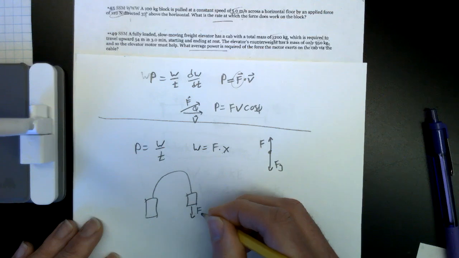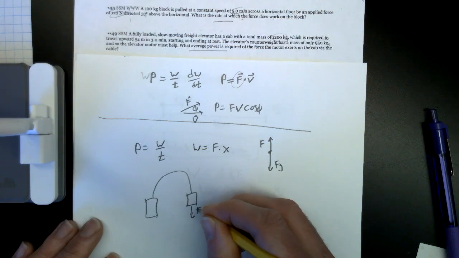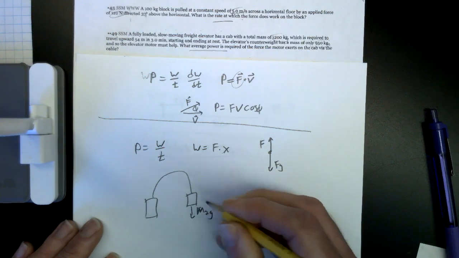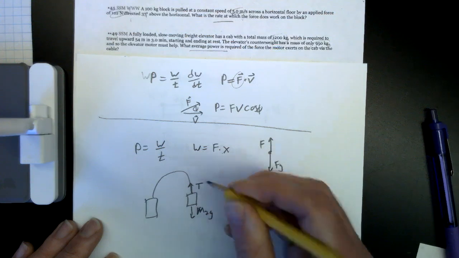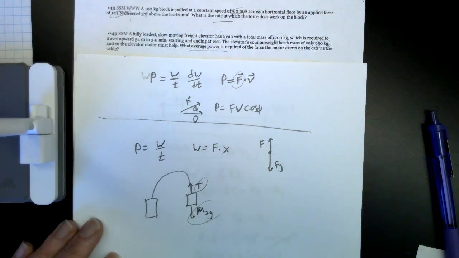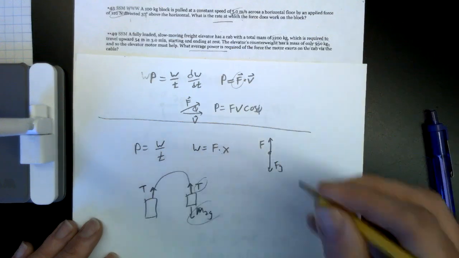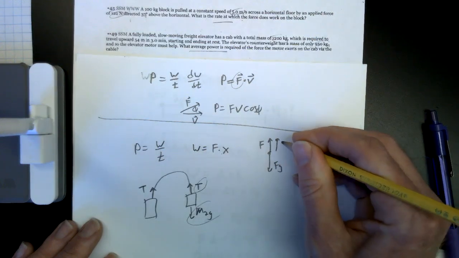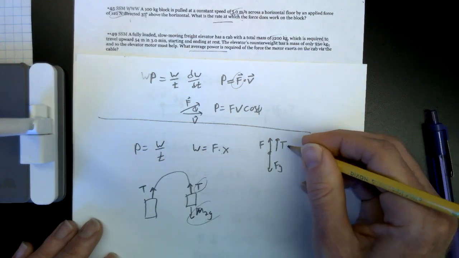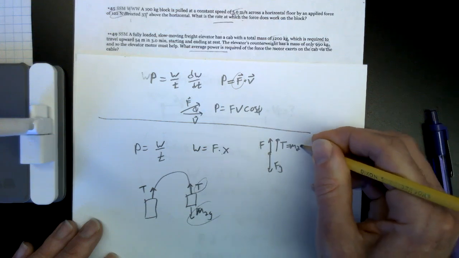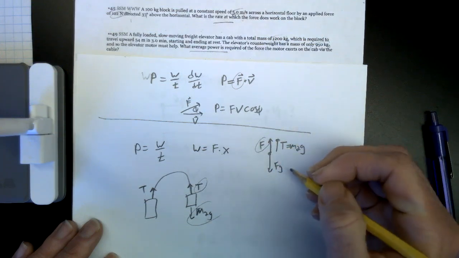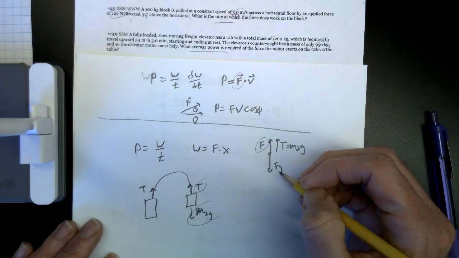The force of the counterweight, which I'll write as M2 G, is going to be the same as the tension in this cable since everything's moving at a constant speed. So that means there's a tension over here, and there's a tension over here as well. This tension is going to be the mass of the counterweight times G. So this force over here only has to overcome a little bit of the gravity over there.